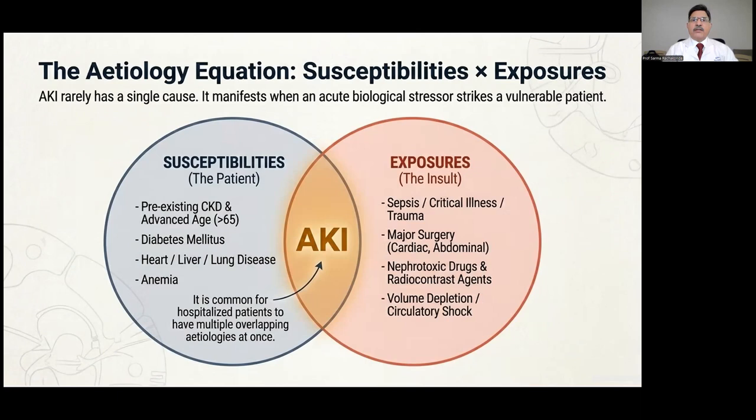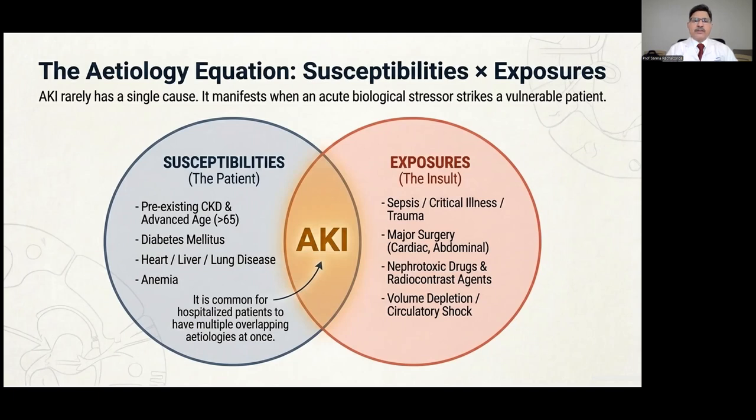Now, the etiology equation. I told you susceptibility on one part, exposure on the other part. What are the susceptibilities? Pre-existing CKD. Age is a very important factor for acute and chronic CKD, diabetes mellitus, heart, liver and lung disease, anemia. It is common for hospitalized patients to have multiple overlapping etiologies at once.